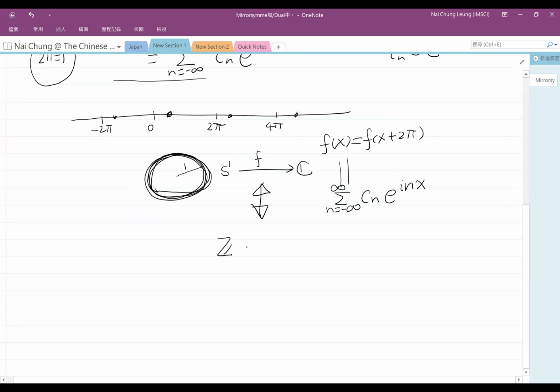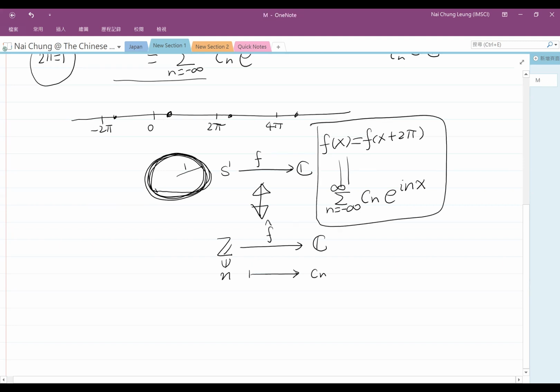These are the integers. n is all the numbers here, and then you get a complex number, Cn. So this function I call f hat, and then vice versa. So this expression is just saying that a function on S1 and a function on the integers are equivalent to each other.